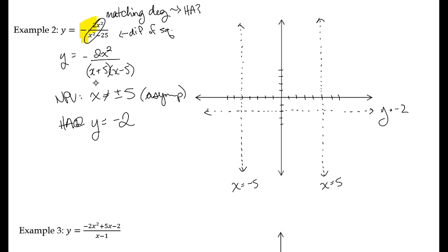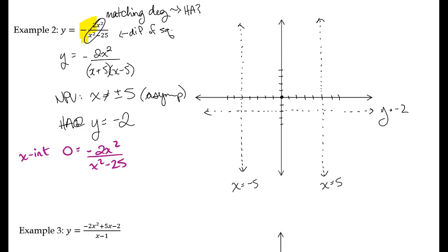Now, we're told that we need to find any intercepts, so we need to bear that in mind as well. So we might have some x-intercepts when y equals 0. That would be also x equals 0. And again, you can plug and chug to figure that out. It would be 0 equals negative 2x squared divided by x squared minus 25.